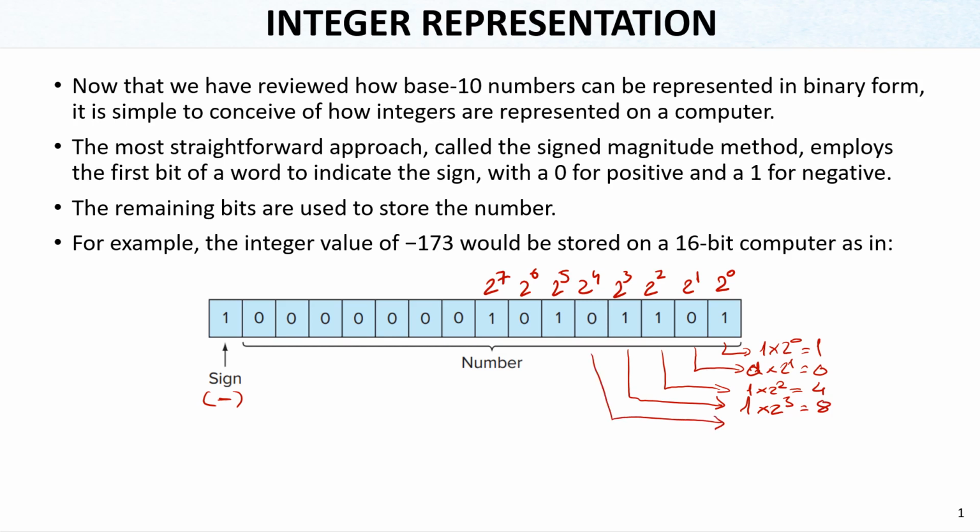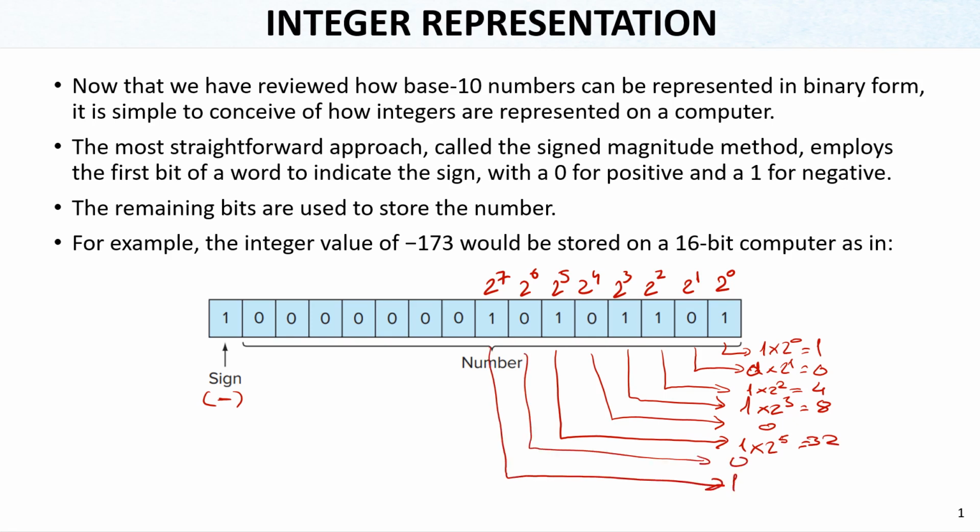This is 0. Then 1 times 2 to the power 5 is 32. This is 0 again. And this is 1 times 2 to the power 7. These zeros have powers as well, that's why we need to increase it at each digit. This is 128. If we sum these, it will give us 173, and with the minus sign, it is minus 173.